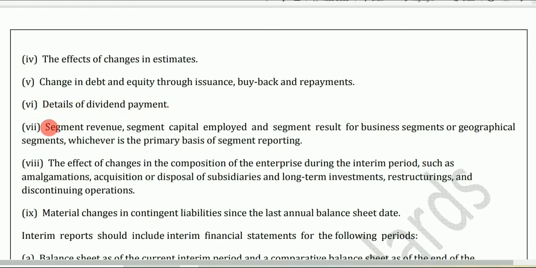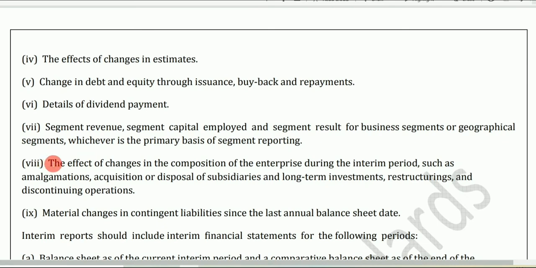Number 7, segment revenue, segment capital employed and segment result for business segments or geographical segments, whichever is the primary basis of segment reporting.